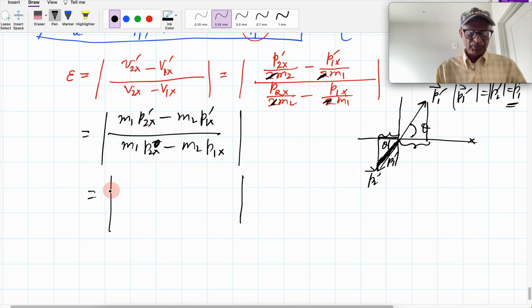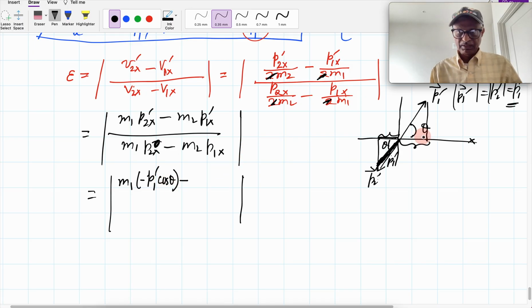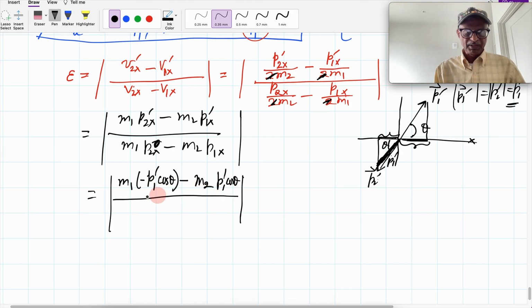Using this, you have m1 times minus p1 prime cosine theta, and this one will be plus cosine theta, minus m2 p1 prime cosine theta. So these guys will add, and down below will be m1.